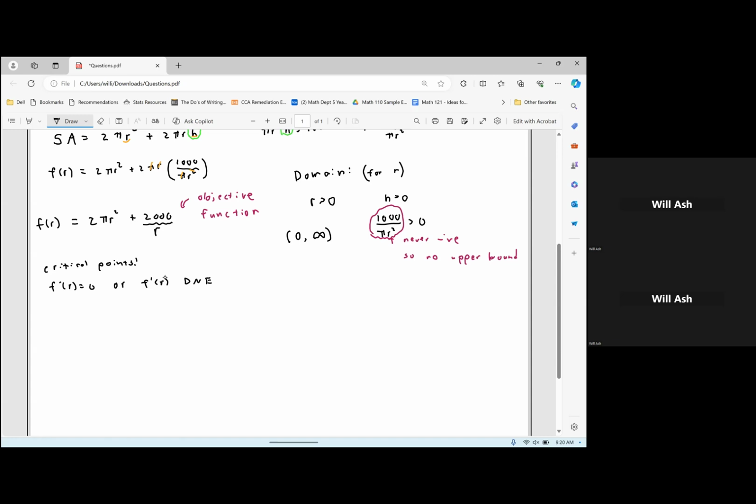So I take the derivative of my function, and it's just power rule. So I get f prime of r is 4 pi r minus 2,000 over r squared.